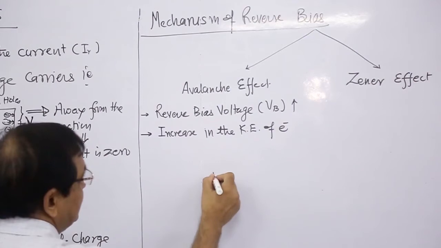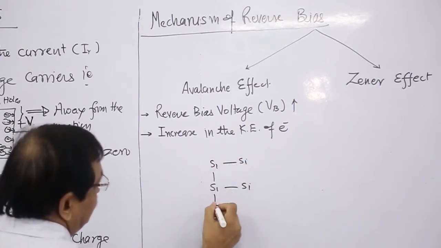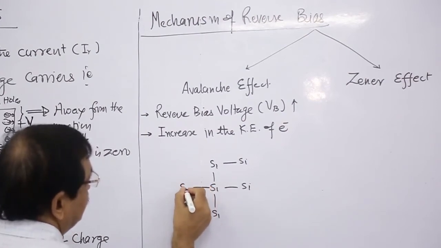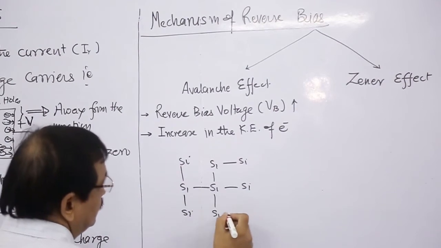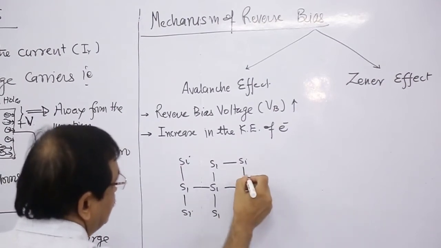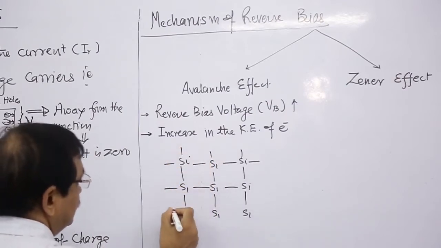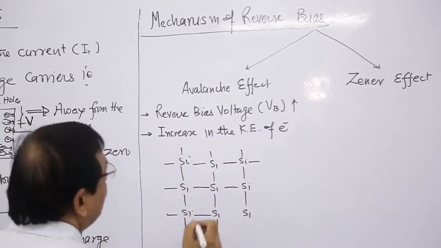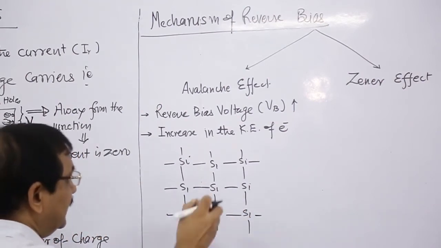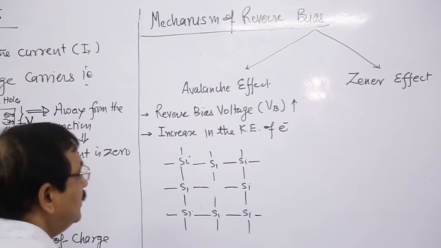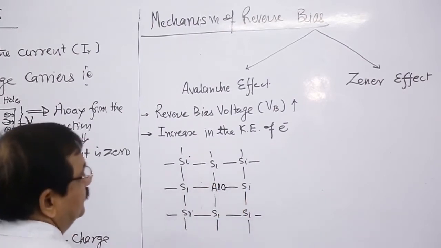Suppose this is a silica structure, and in this silica structure, say this one is aluminum and here it is a hole.